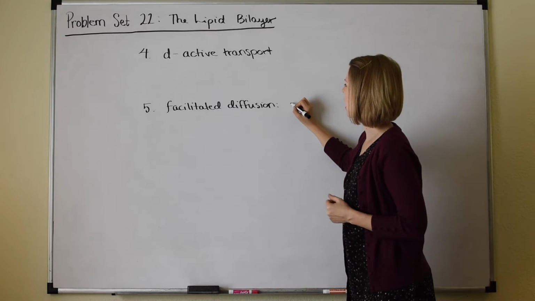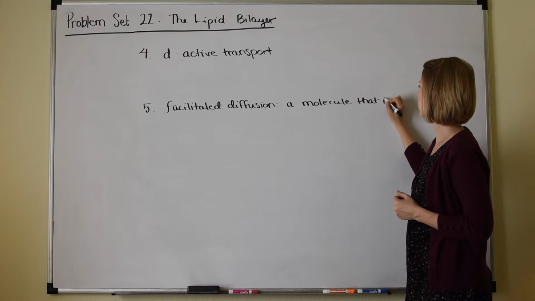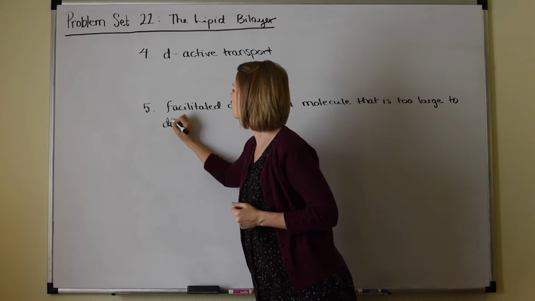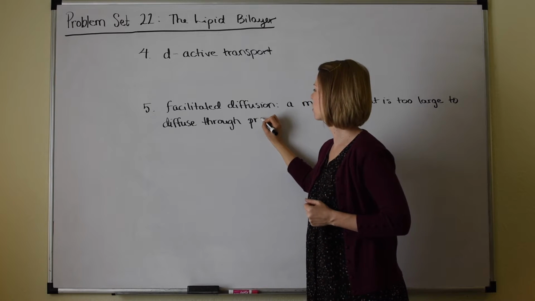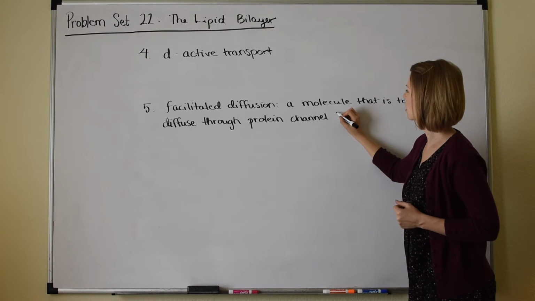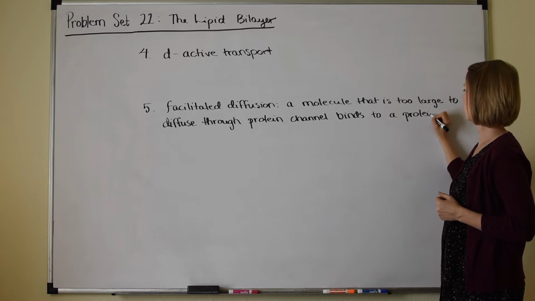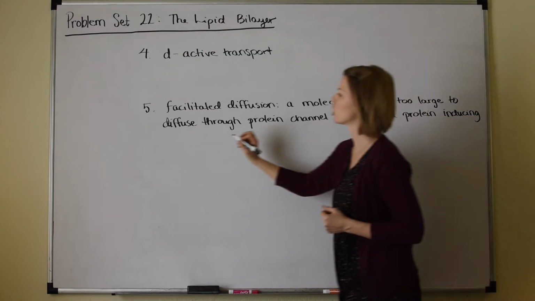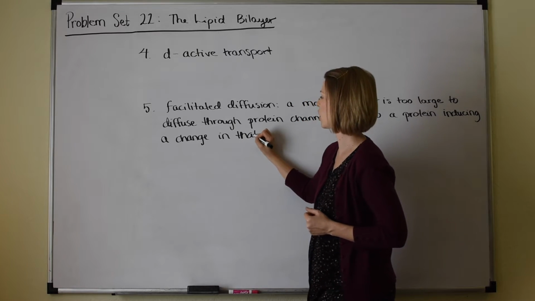In facilitated diffusion, a molecule that is too large to diffuse through a protein channel binds to a protein, inducing a change in that protein's shape.